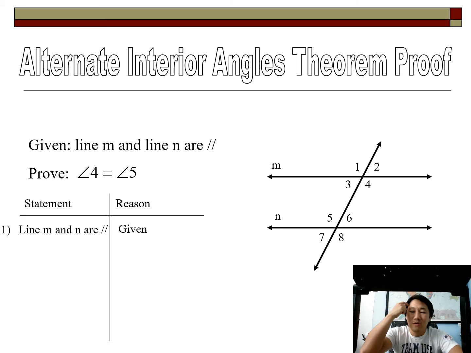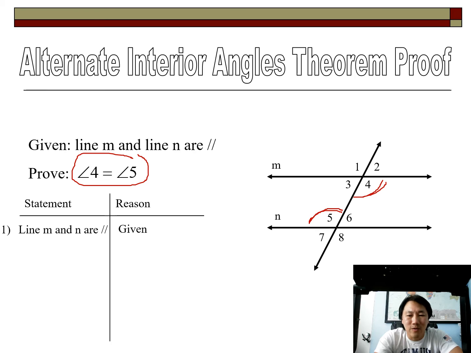Remember all the other properties that you learned the other day. In this problem, we're trying to prove that 4 is equal to 5. So this angle is equal to that angle. We need to prove it. Why is 4 equal to 5?